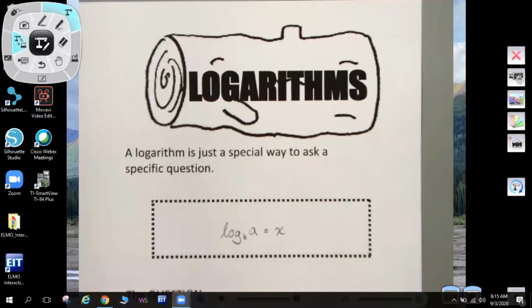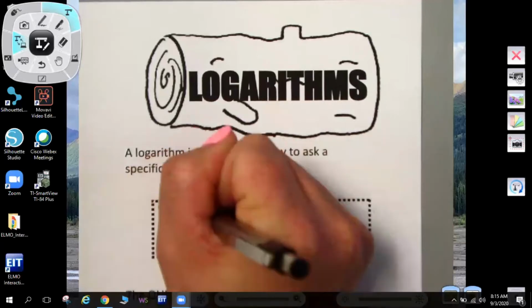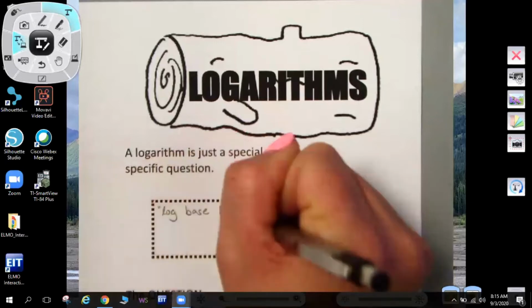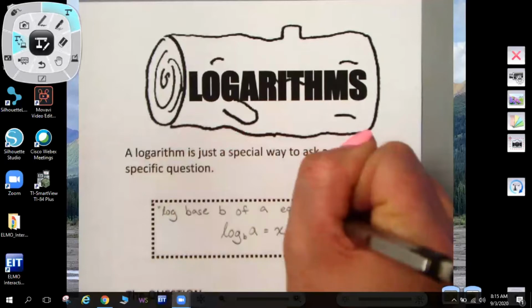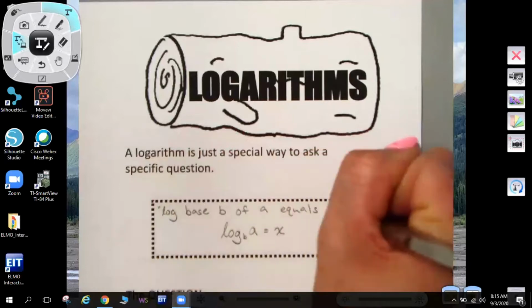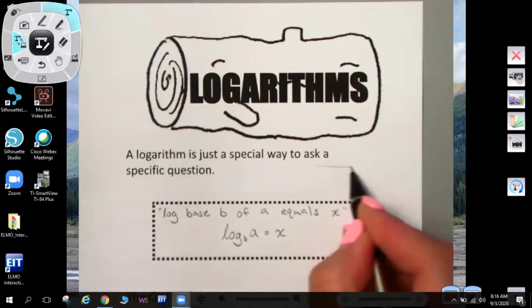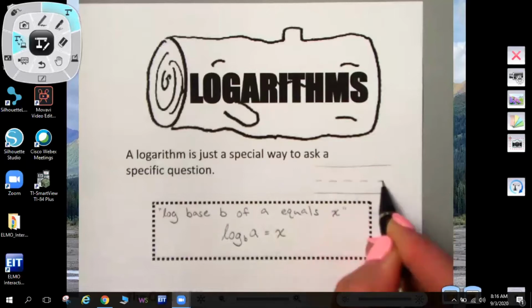Okay, the way that you read a logarithm is like this: log base b of a equals x. So is the b little? Yeah. And the a is normal? Yeah.